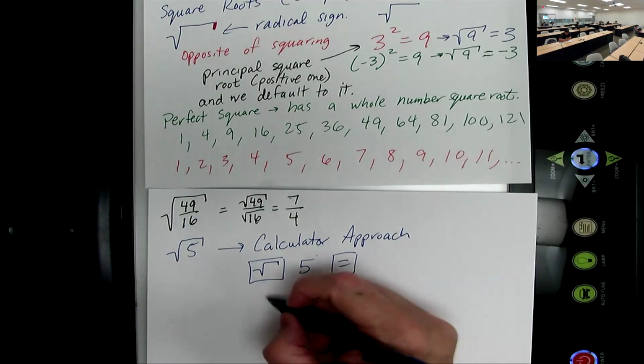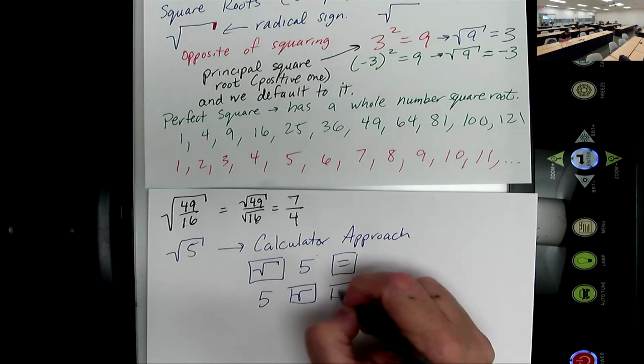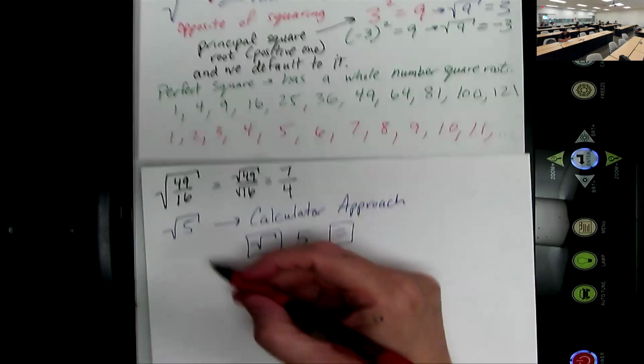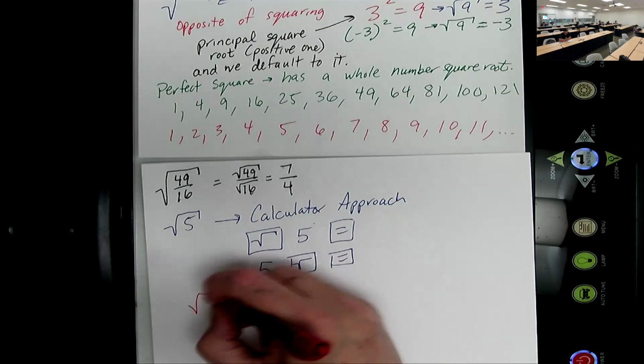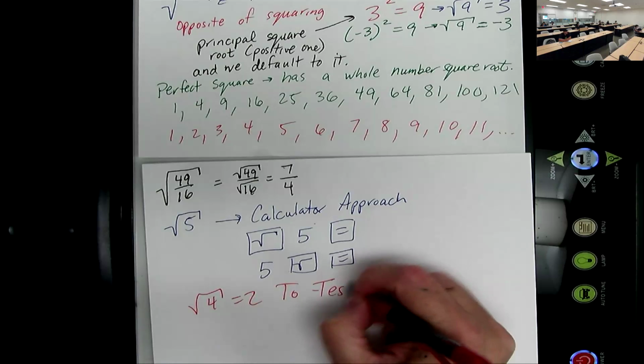Others will make you do the 5 first, then hit the square root, then equals. If you don't know which way your calculator works, stick in a number you know the square root of. Do the square root of 4 equals 2 to test your calculator, so that you know how your calculator works.